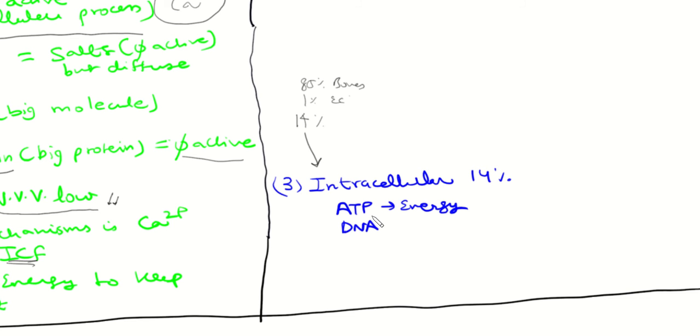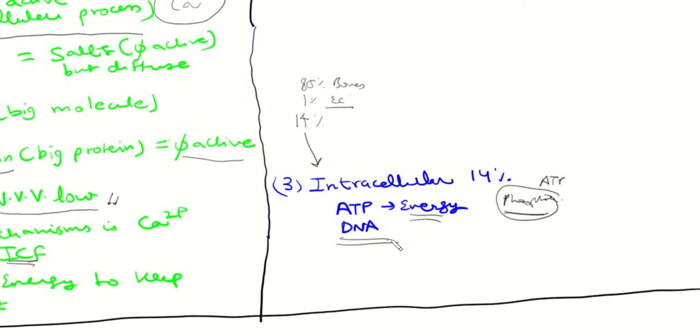So actually, you do have quite a bit of phosphorus in your intracellular space as compared to the extracellular space. And if you remember ATP, adenosine triphosphate, this is the energy currency. So again, phosphate and phosphorus play an important role inside the cell.